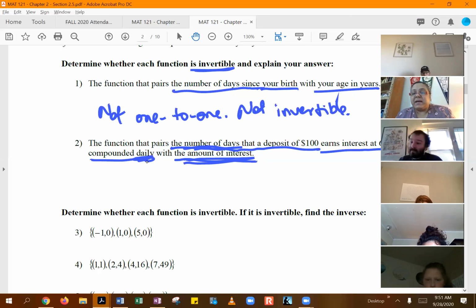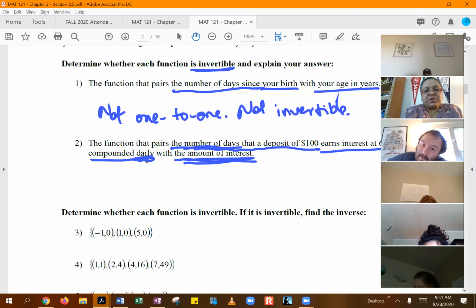Now, if this was being compounded monthly or weekly, then yes, it could happen that you would end up with the same number of days for different dollar amounts. But because the money is being compounded on a daily basis, the number of days and the amount of interest is always going to give you a unique relationship. So this one we would say is a one-to-one function, which means we can find its inverse and we can say it's invertible.